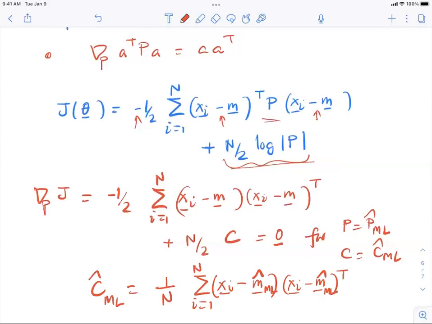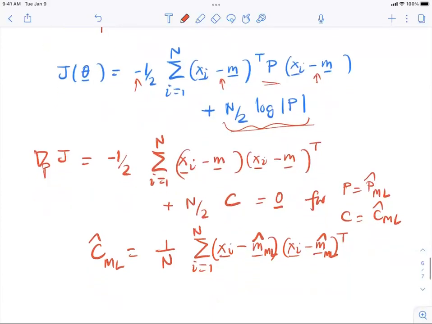Basically, I have this concavity over M and P, and I set the derivatives to 0, solved it, and I got M hat and C hat. C hat is just the empirical average of these outer products that I get when I subtract out M hat from the data points, right?